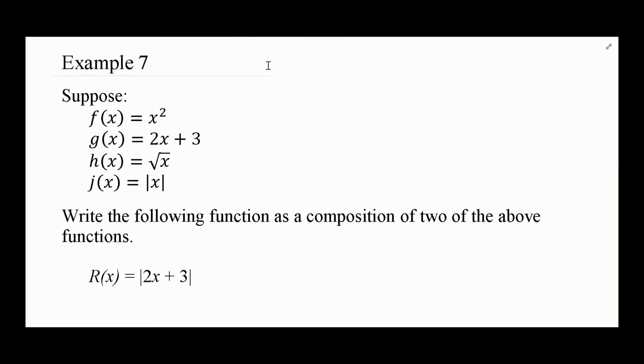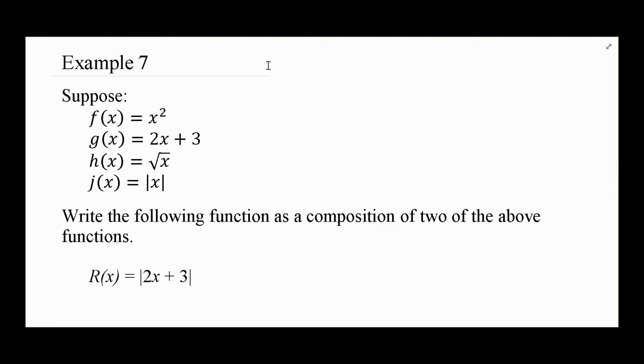Let's do one more example about compositions before we change gears. Now this particular problem, the way it's written, says here are all these possible components, f, g, h, and j. Let's write capital R of x as a composition of these. What's going on here is that this is sort of a multiple choice type problem.